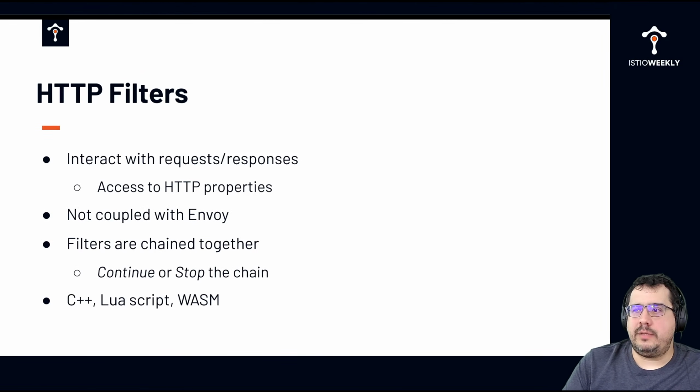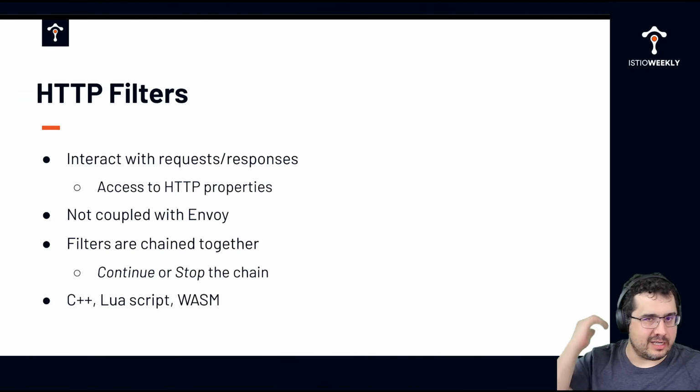So what are HTTP filters? You can think of them as code that can interact with requests and responses. There are a set of HTTP filters that ship with Envoy and are built into it, but you can also write your own filters and then have Envoy dynamically load them.